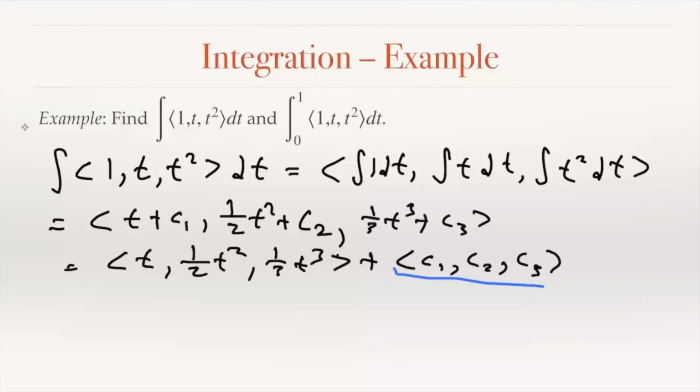And this whole guy, we can just denote as big C, a constant vector. And that's how we typically do it. I just did this to illustrate where that constant vector comes from in terms of the individual antiderivatives.